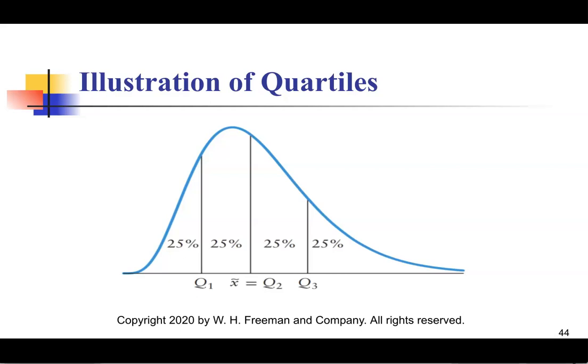You have your median, which is another 25%, then your Q3 with another 25%, and then your upper values. When we talk about our summary statistics for this kind of distribution, we'll also include the minimum value and the maximum value, for 5 numbers that just tell us how our data is split up into quarters.